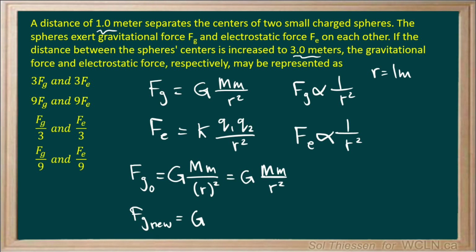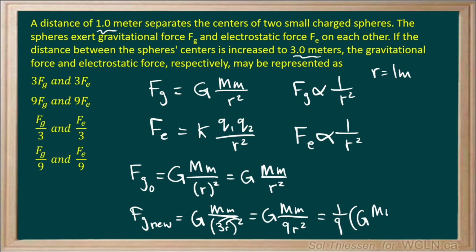We'll have G m m over 3r squared, or G m m over 9r squared if we distribute that exponent, which is 1/9 times G m m over r squared, which was the initial force of gravity. So this would be 1/9 the initial force of gravity.